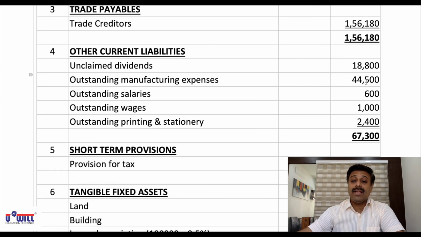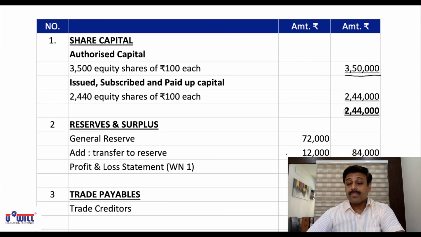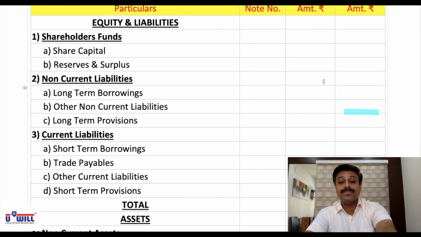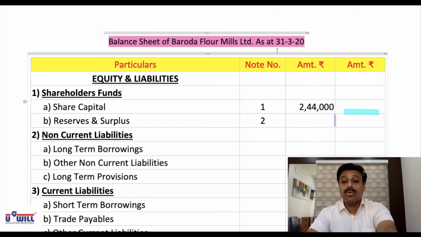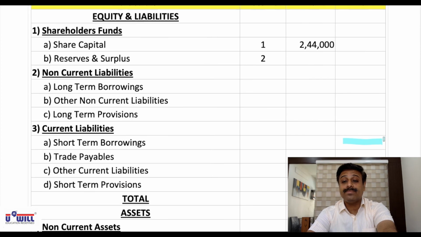Now we can make the balance sheet. Share capital from note number 1, 2,44,000. Reserves and surplus from note number 2, 3,16,601.